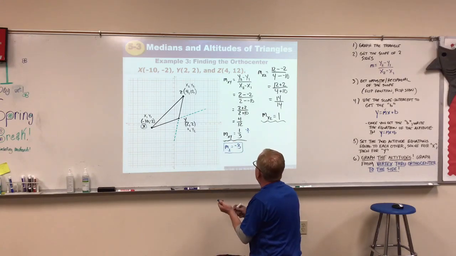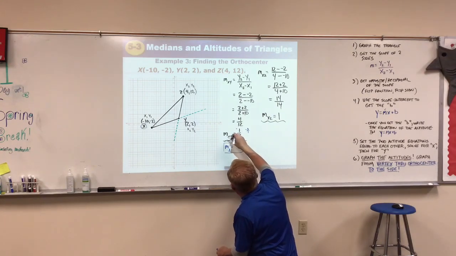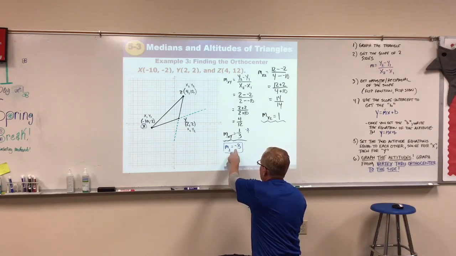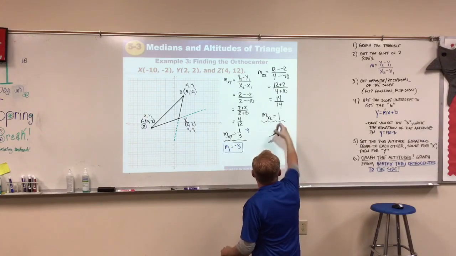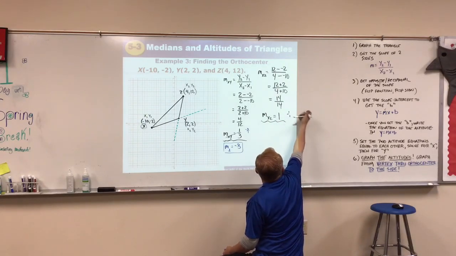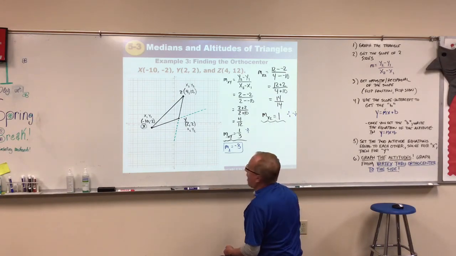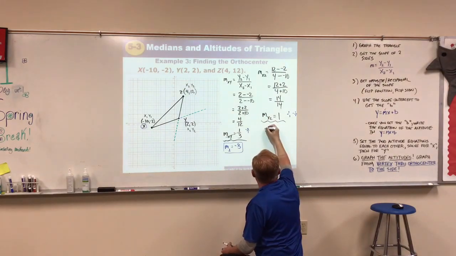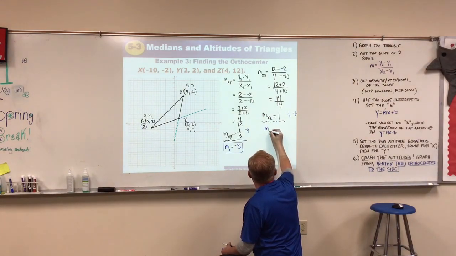Once I get that, I really don't have any use anymore for the original slope because I need to use the slope of the perpendicular line. I'm going to flip this. So this is 1 over 1. We flip 1 over 1 to 1 over 1. Opposite is negative. So clearly the opposite reciprocal of 1 is negative 1, which everybody should know. So that perpendicular slope equals negative 1.